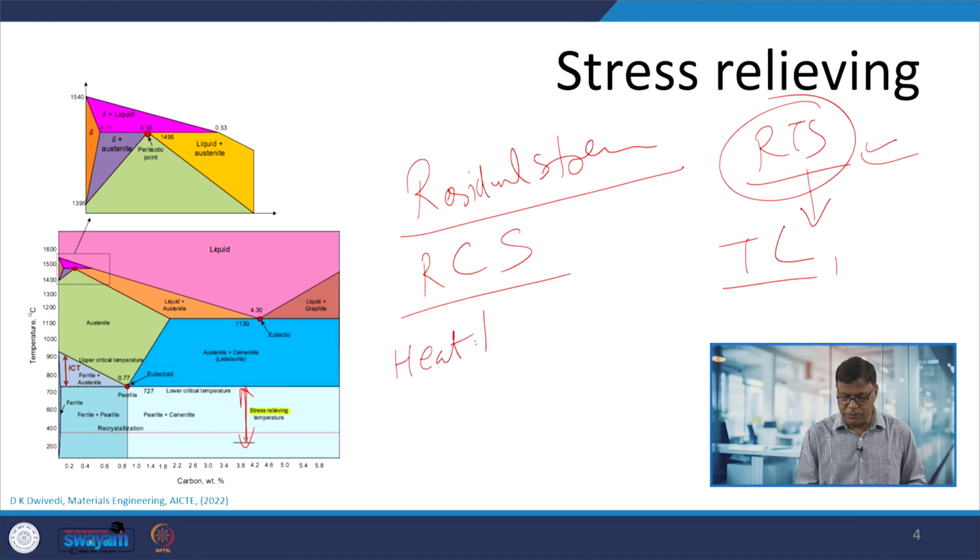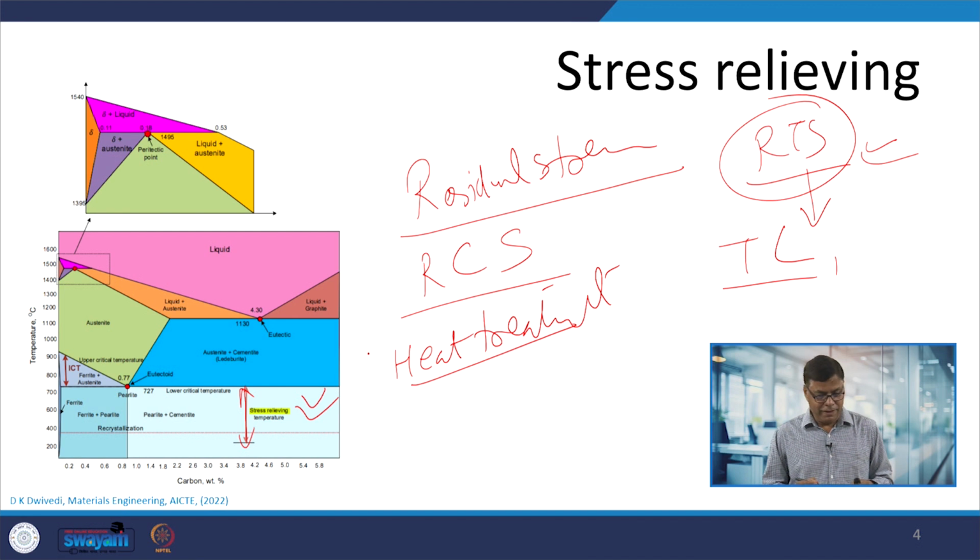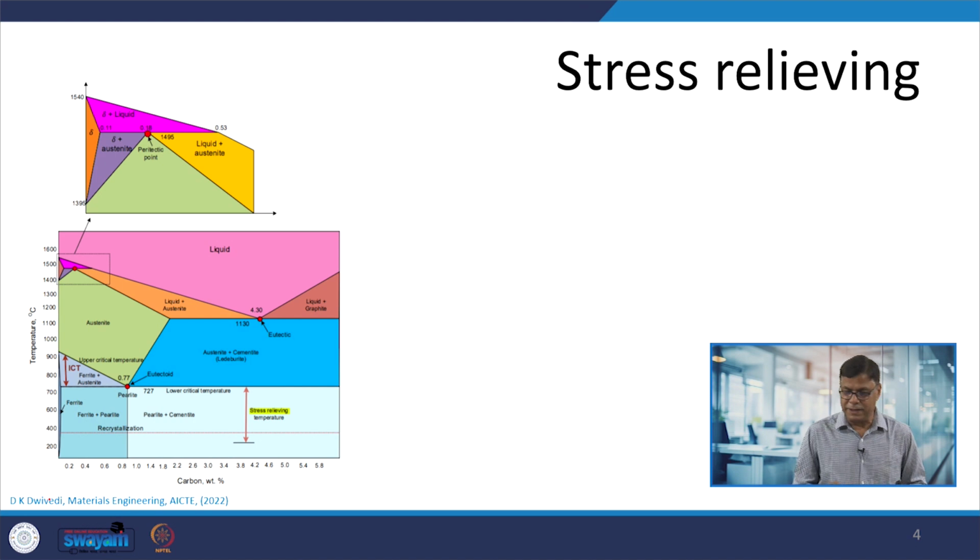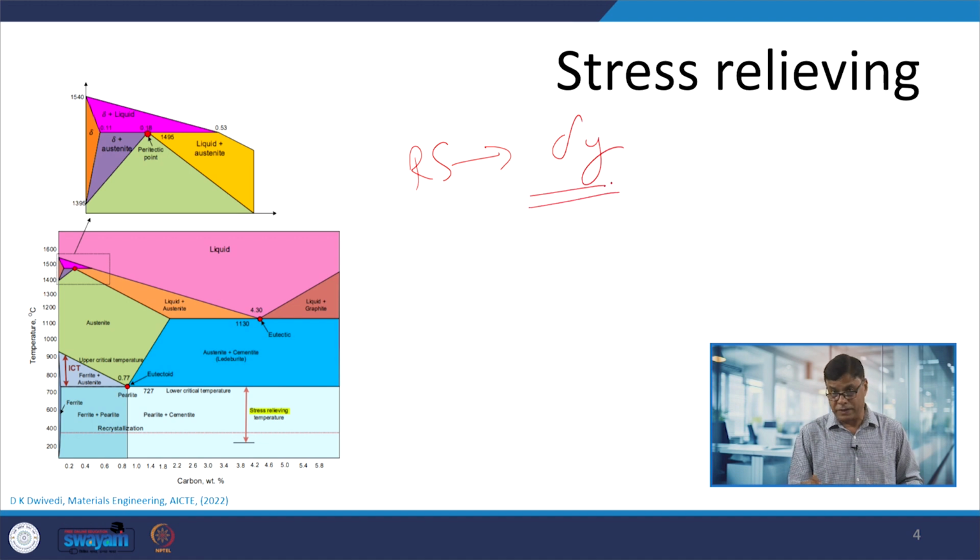The heat treatment which is done for relieving the residual stresses is called stress relieving heat treatment, and the temperature for stress relieving heat treatment can range from say 200 to 700, that is below the lower critical temperature, so that the residual stress magnitude can be minimized. Maximum residual stress magnitude can be equal to the yield strength.